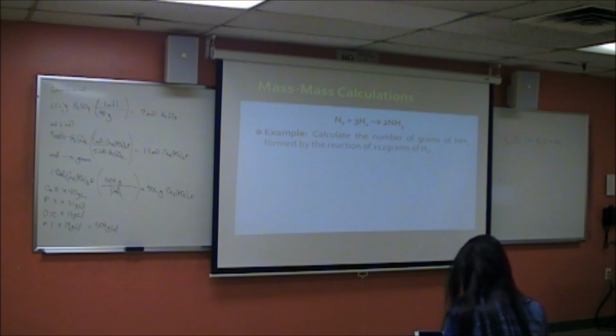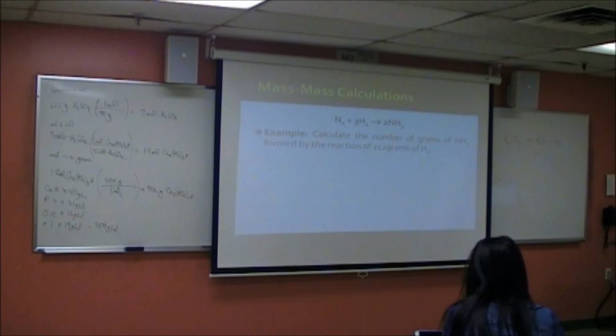So you have your mole to mole ratio. What is your mole to mole ratio? Who goes on top? 2 moles of ammonia and 3 moles of hydrogen gas. You cancel out your hydrogen gas.